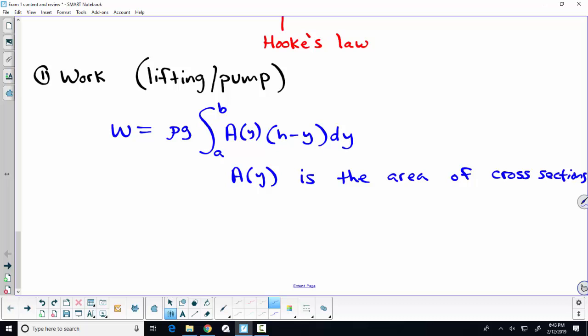Remember that the area function depends on the shape of the tank or vessel or whatever. All right, so one of those.